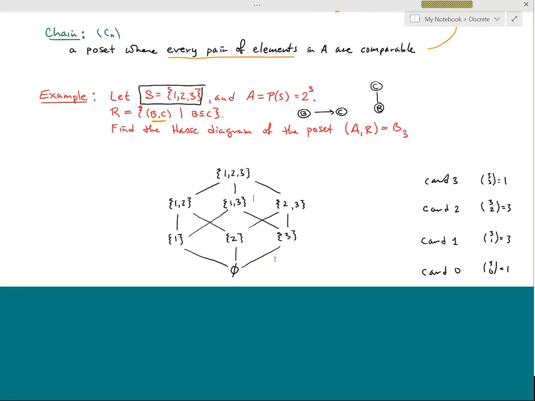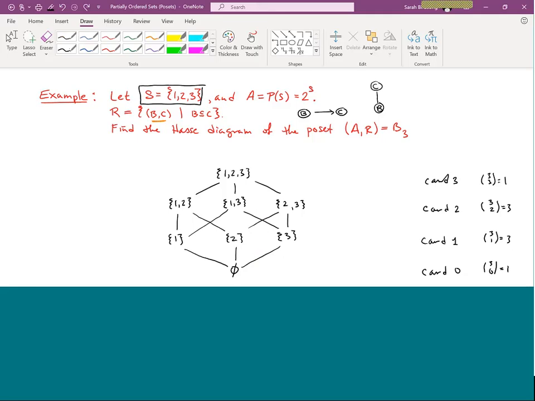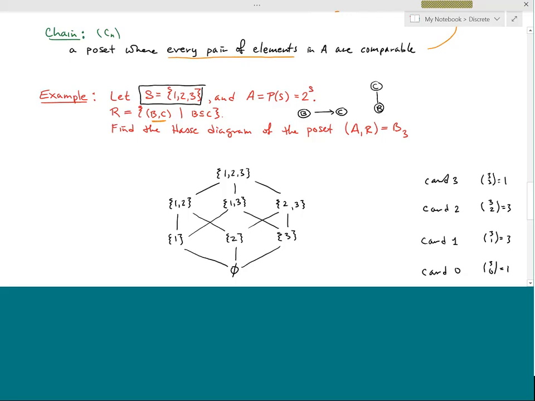And if you wanted to be fancy in terms of how you wrote this poset, this Hasse diagram, I should say poset, it has the following name. It's actually called B3. The 3 refers to the cardinality. So this is the power set of the numbers 1, 2, 3 as a set.